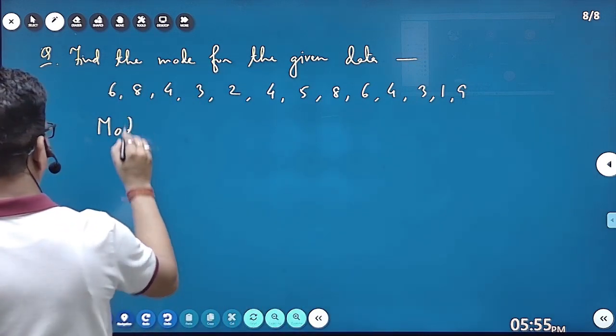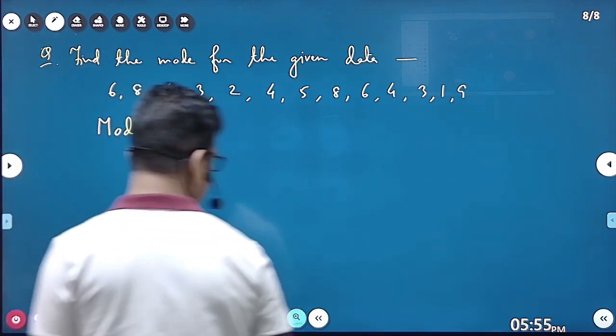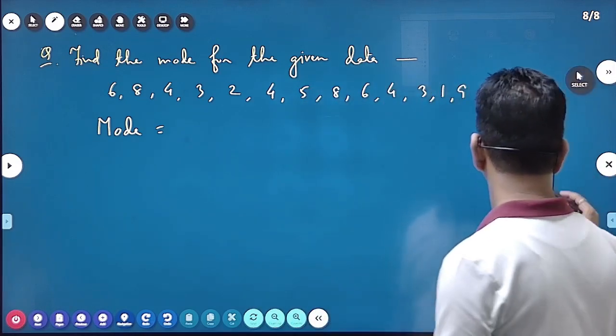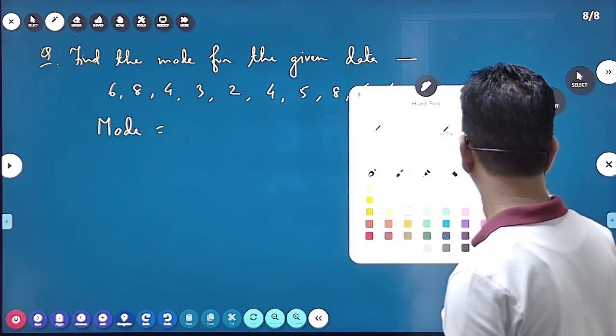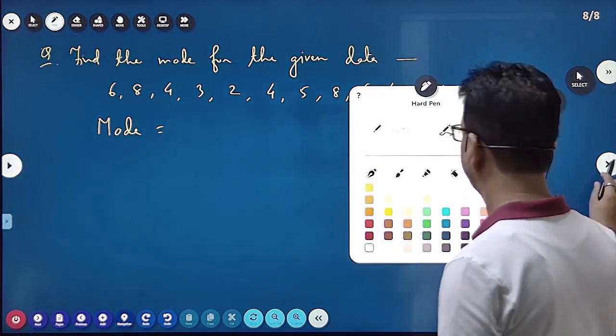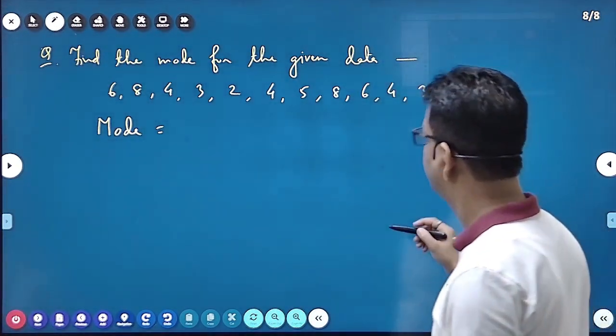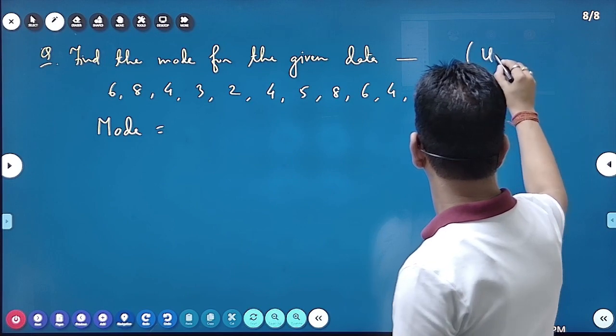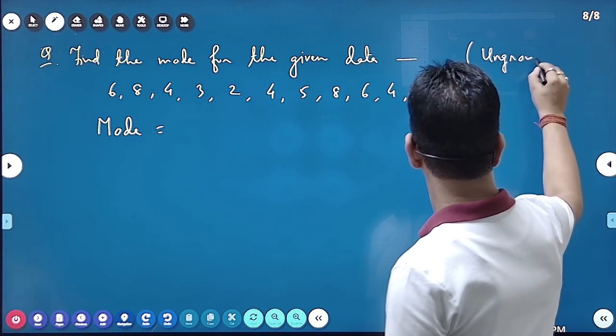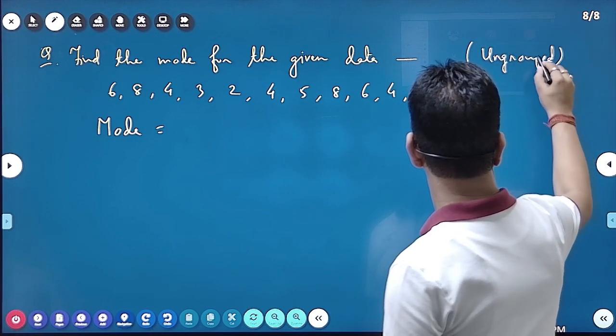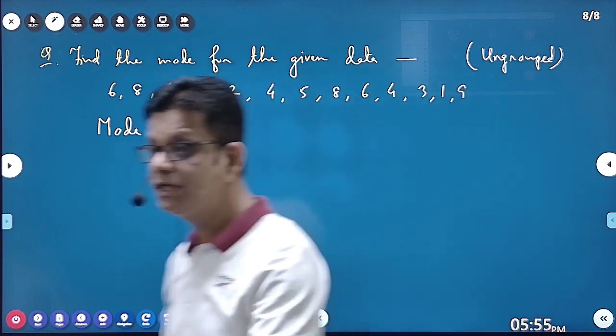Any idea? So which should be the answer? No, just a minute. This is ungrouped, how to find out? Ascending, descending, median.